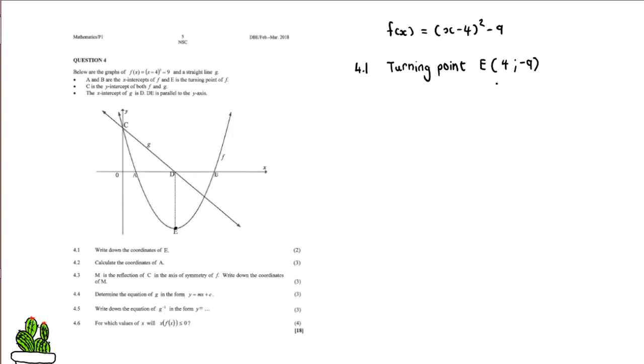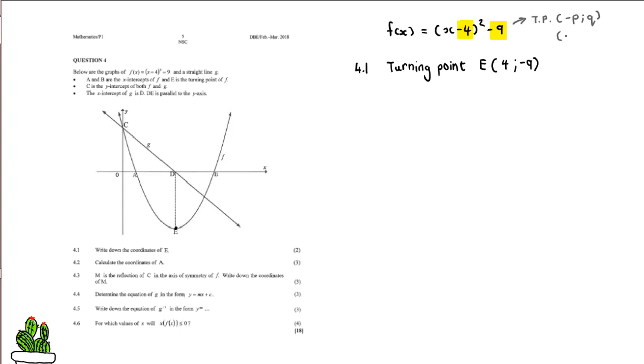Remember, where did I get that? I got that from the value of p and q. If you go back and just watch the previous video, you'll remember that from this form of your quadratic function, your turning point is defined as (-p, q).